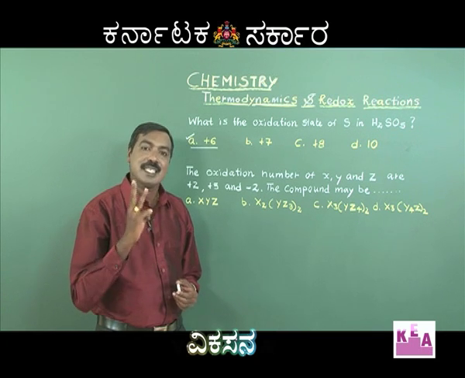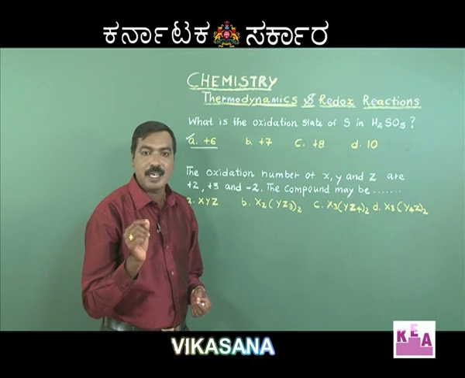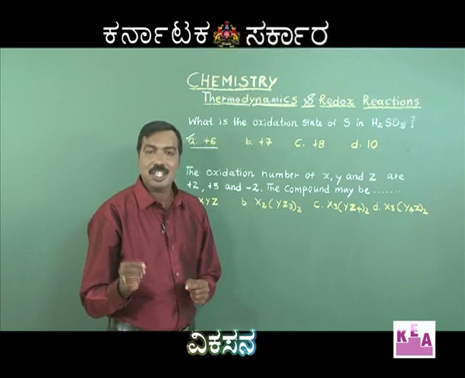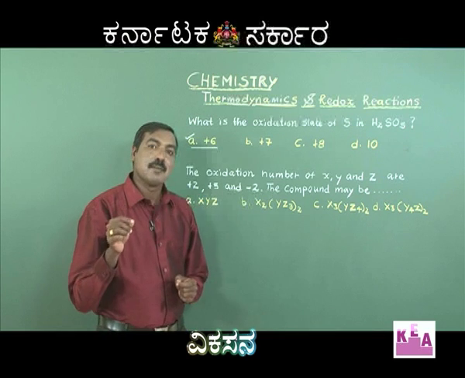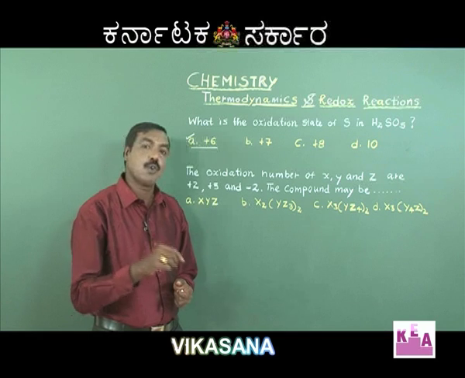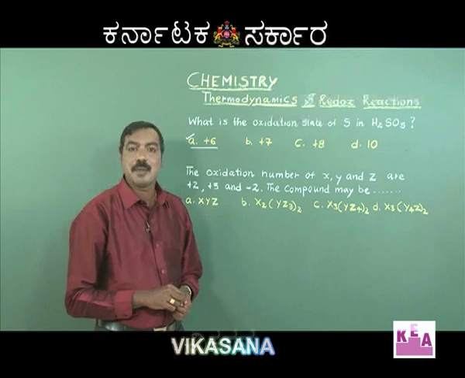Therefore, remember 3 exceptional cases. The oxidation state of sulfur in Caro's acid is +6. The oxidation state of sulfur in Marshall's acid is +6. The oxidation state of chromium in CrO5 also happens to be +6.